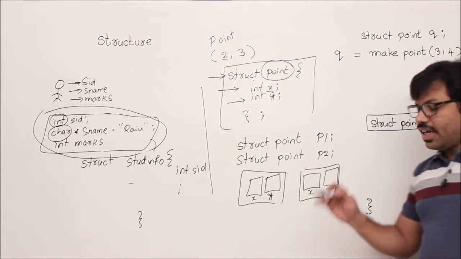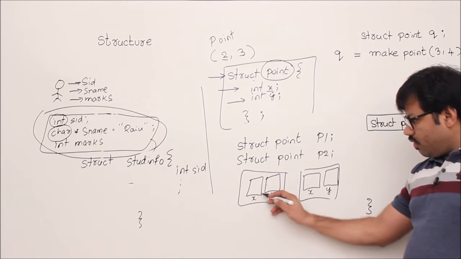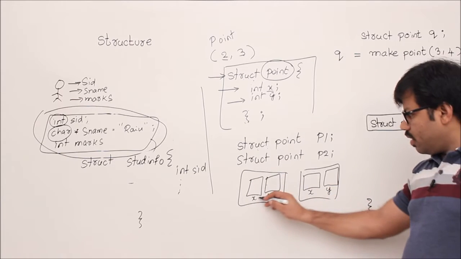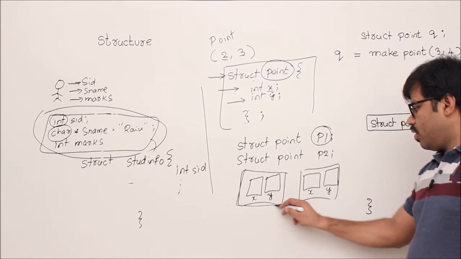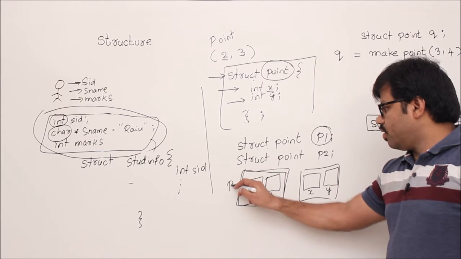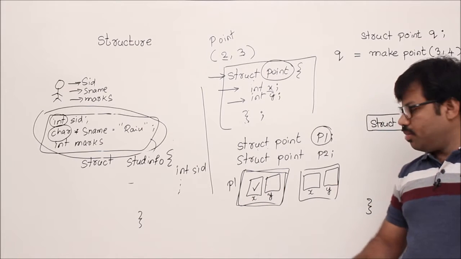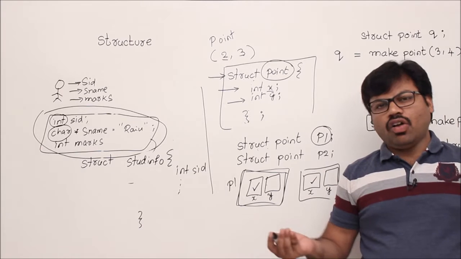Then is there any naming conflict? No, there is no name conflict, because this x and y are only visible under this box. That means we can only refer to them through this variable, p1. So when I refer to p1.x, unambiguously this will be referred. Whenever I say p2.x, this will be referred. That's why there will not be any conflict.